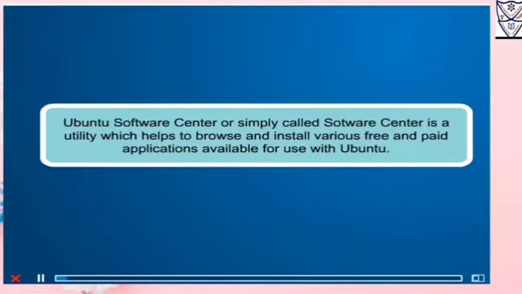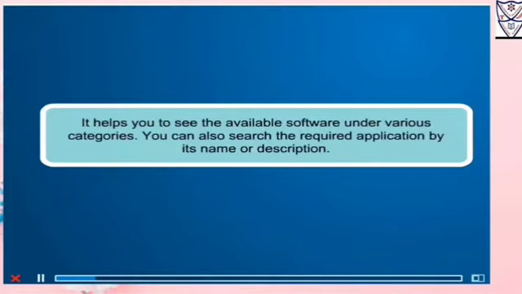Ubuntu Software Center. The Ubuntu Software Center, or simply called Software Center, is a utility which helps to browse and install various free and paid applications available for use with Ubuntu. It helps you to see the available software under various categories.